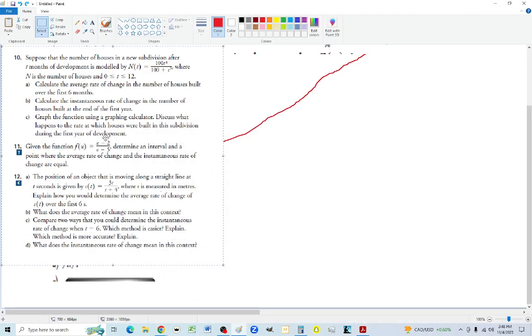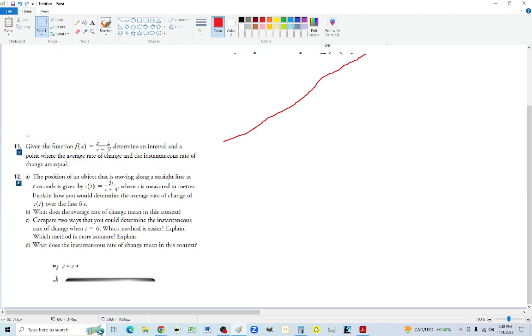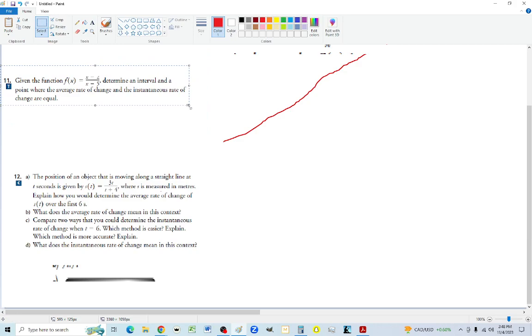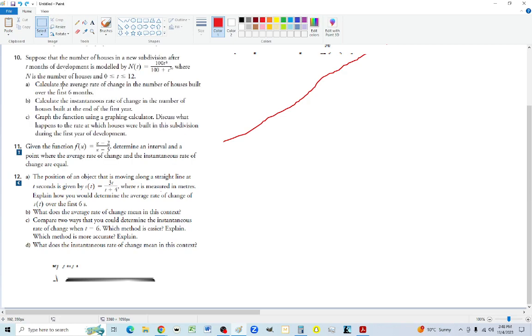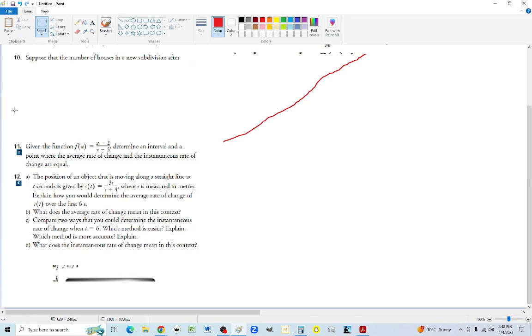Number 11. Given this function, where would the average rate of change and the instantaneous rate of change be the same? That's interesting. Get rid of that.